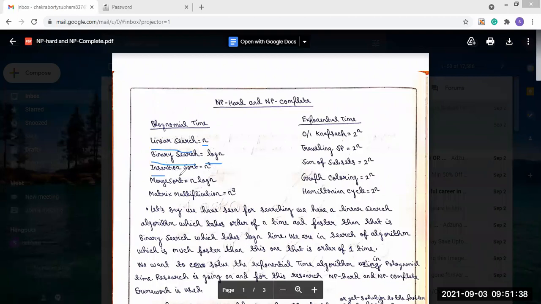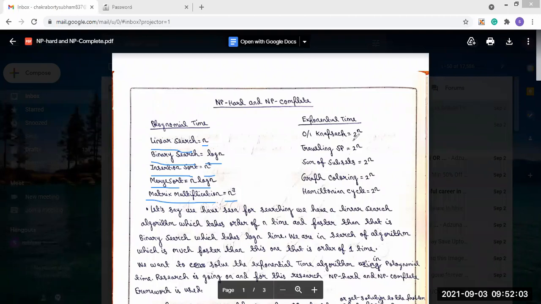Binary search takes log n time. Insertion sort takes n square. Merge sort takes n log n. And matrix multiplication takes n cube. So all these algorithms are taking polynomial time.